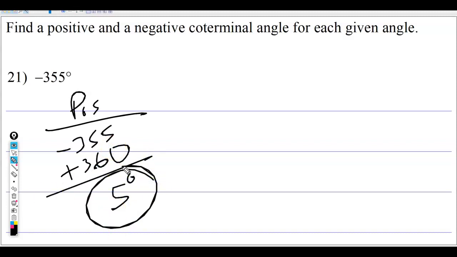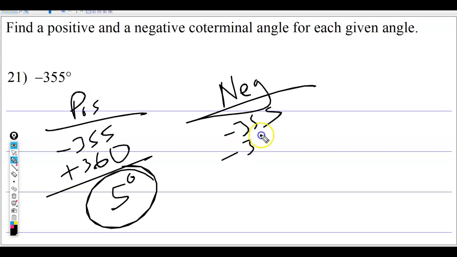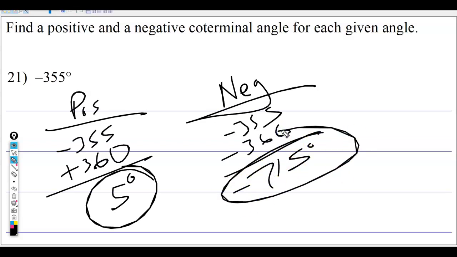There's your positive coterminal angle. If you want to find your negative coterminal angle, what you're going to do is subtract 360. So 5 is my positive, negative 715 is my negative.